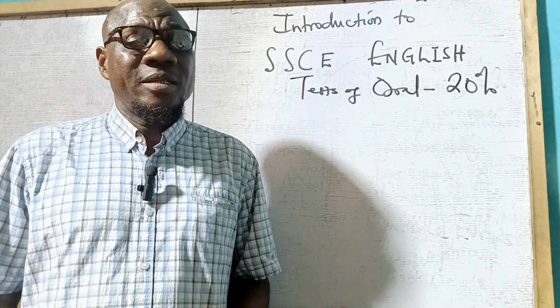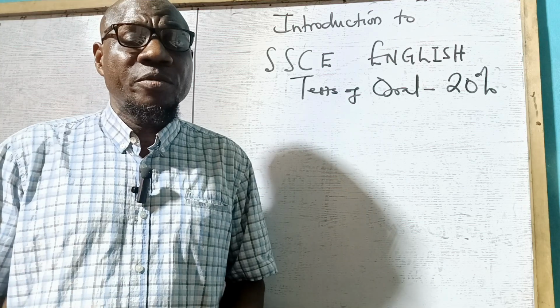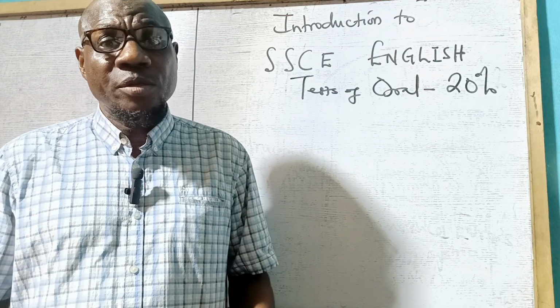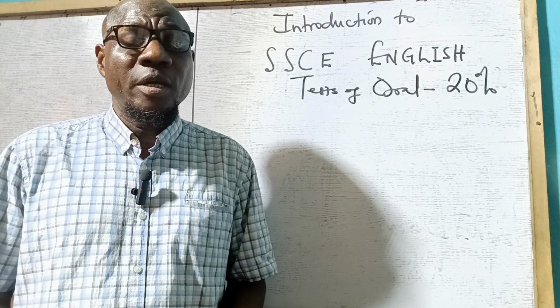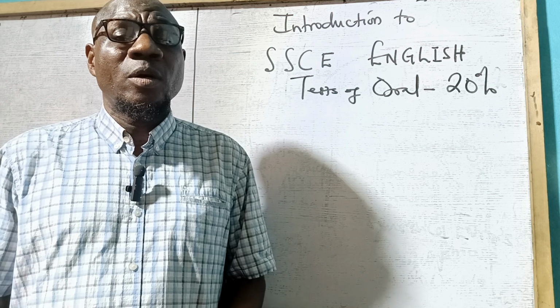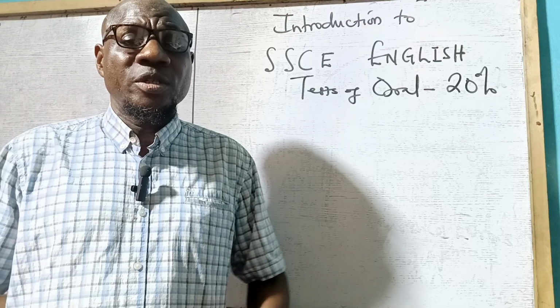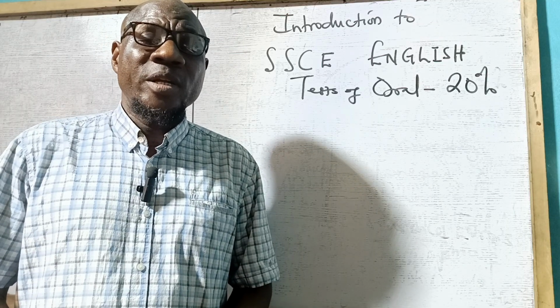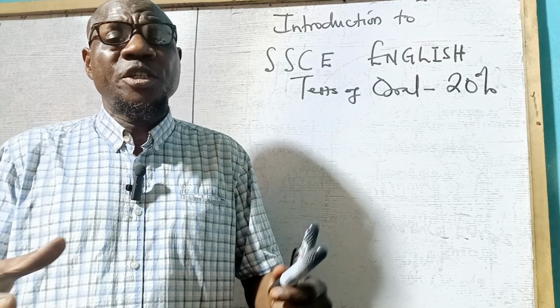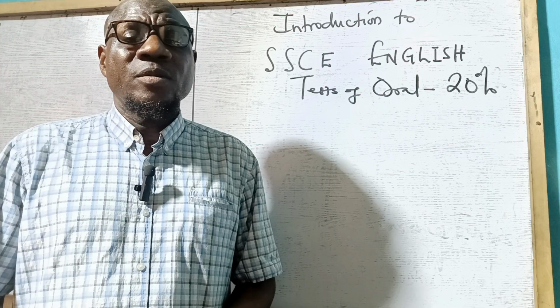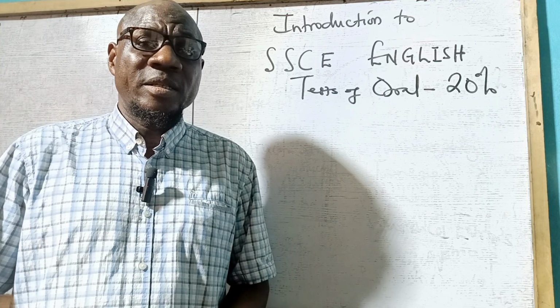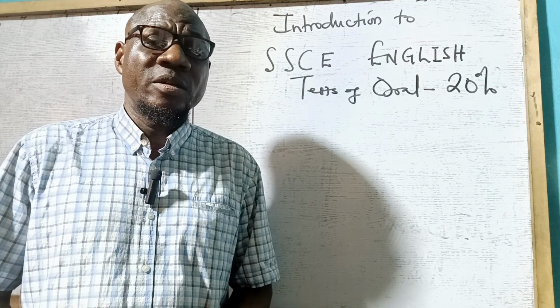Don't forget that the English language is a core subject when it comes to your admission to the higher institution of learning, and having an A1 or B2 or B3 in the English language will boost your chances when it comes to the competition of your aggregate score for your cutoff mark. So that is why it is very important for you to take this seriously.